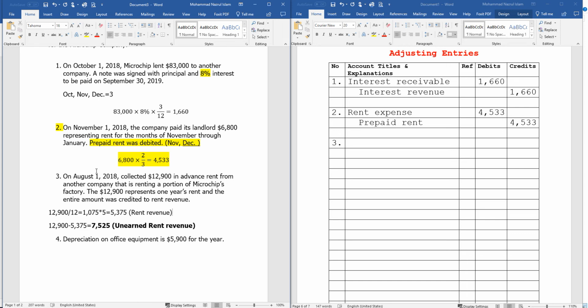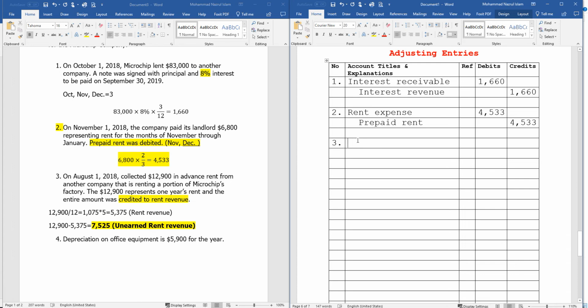Okay, now the problem is telling us that the entire amount that we have received was credited to rent revenue. Can you see that? So since 12,900 was credited to rent revenue, it means that our rent revenue is now overstated by this amount. Okay, so we will be creating an unearned rent.